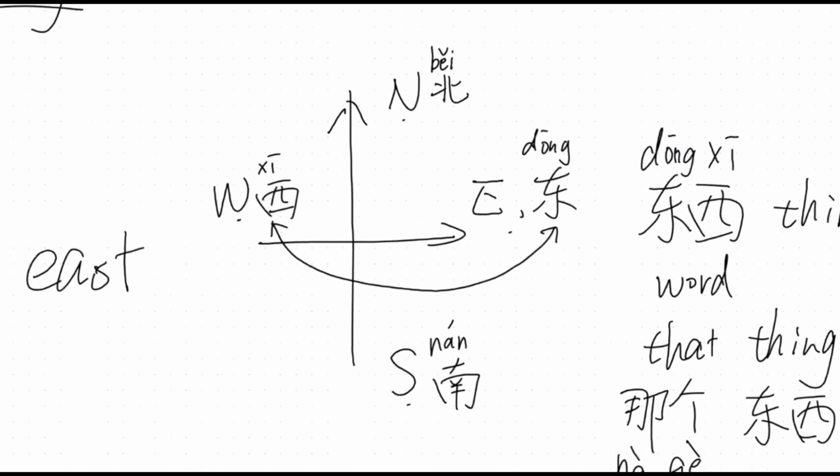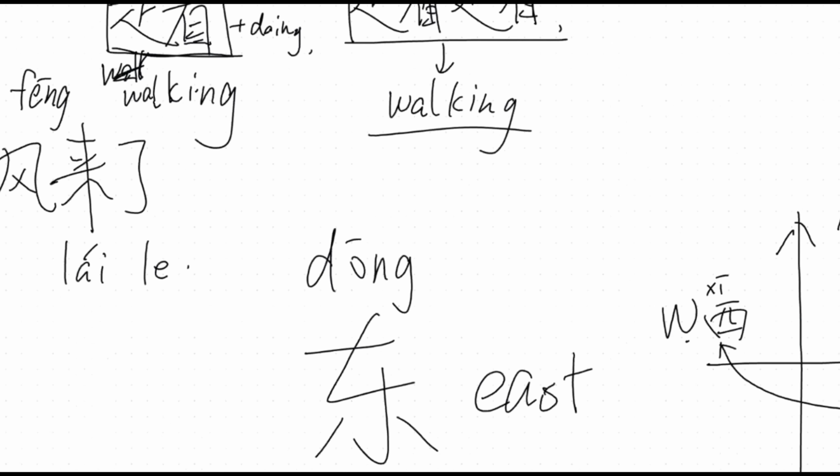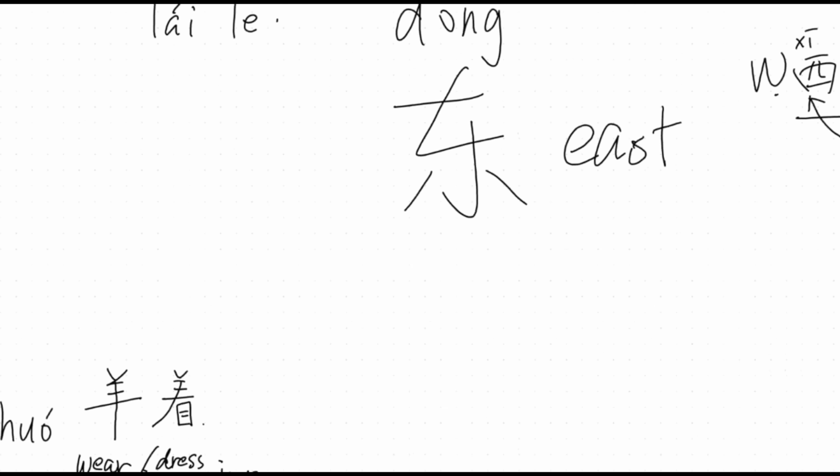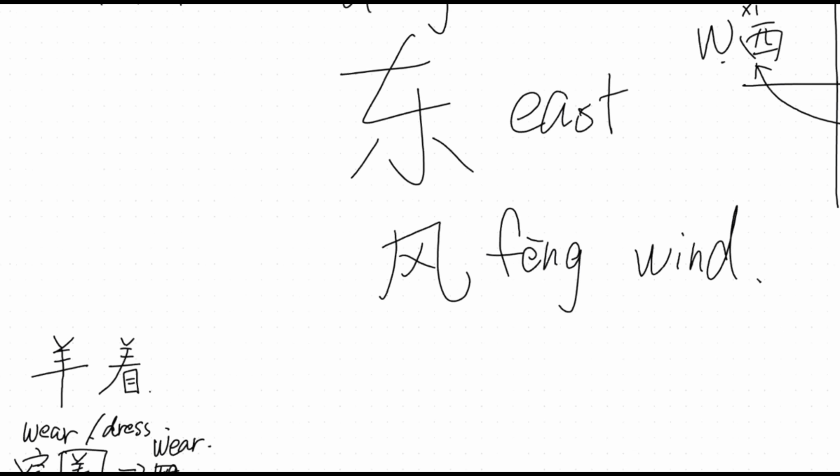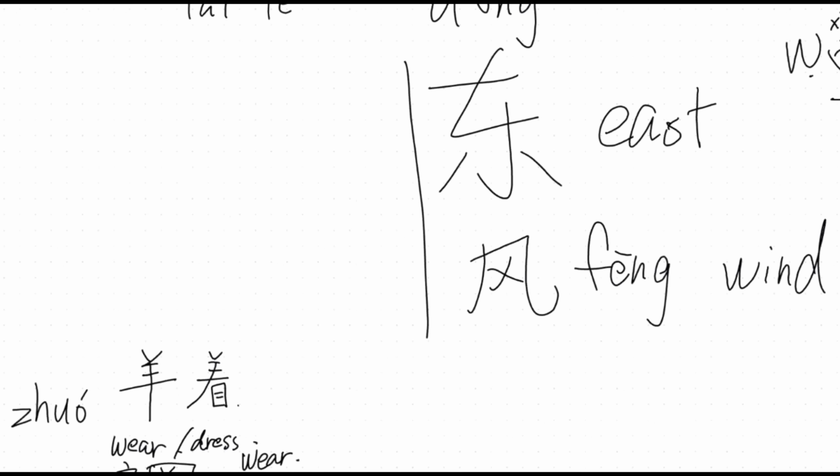Okay, so here it just means east. So east 风 means wind. Wind blows. So now here 东风, what does it mean? East wind, right? The wind comes from the east.